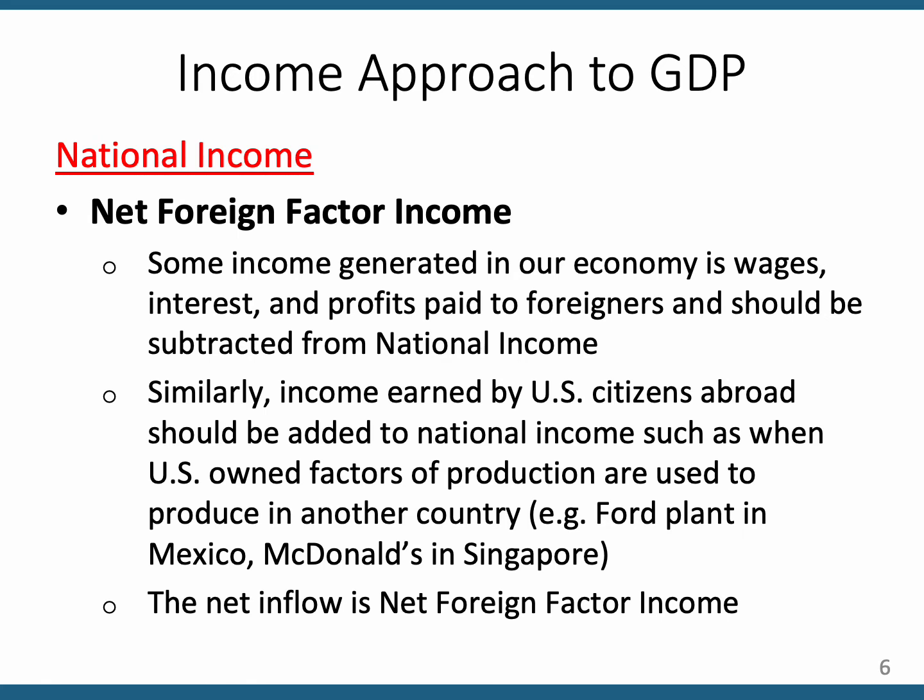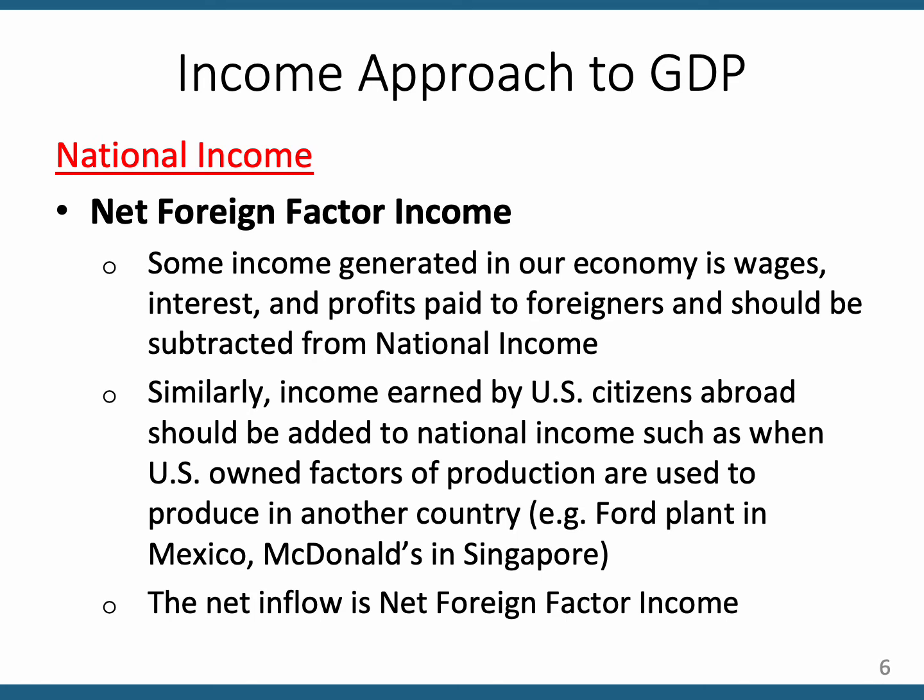And that is you want all of the income earned by U.S. citizens to be included in national income. Some of it is earned outside of our economy. Some of it might be earned in Canada. Similarly, some income that's earned within our economy is earned by foreigners. You want to subtract that.